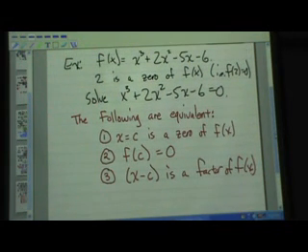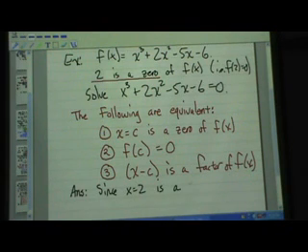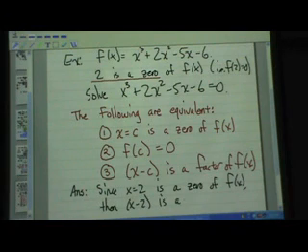Now, why does this matter? Because in this problem, we're being told 2 is a 0. Since these statements are equivalent, when you tell me a 0, you're telling me a factor. So I already know one of my factors. Here's how this problem concludes. Answer: since x equals 2 is a 0 of f of x, then x minus 2 is a factor of f of x.